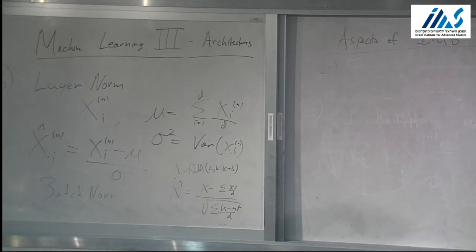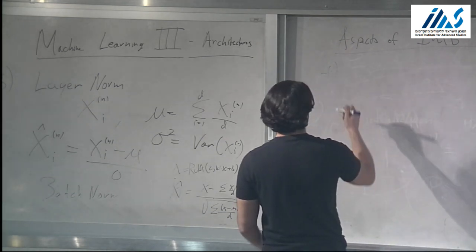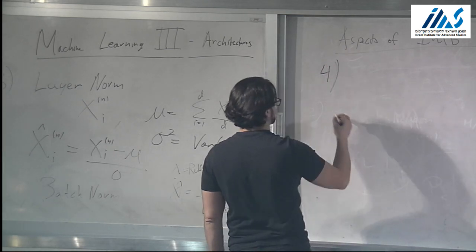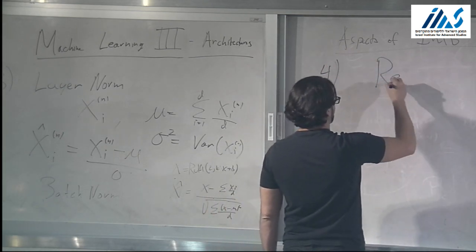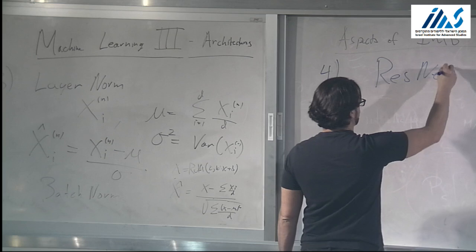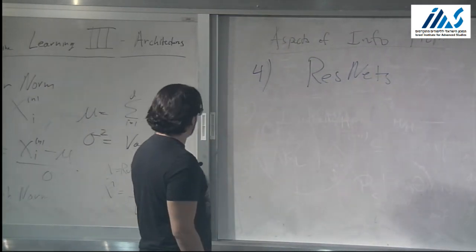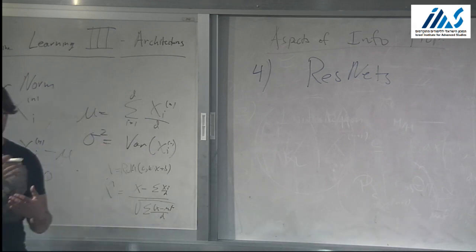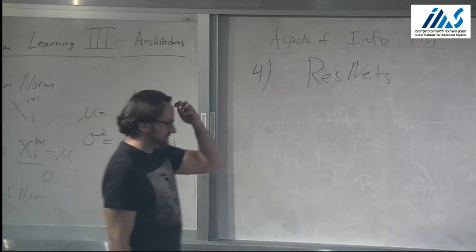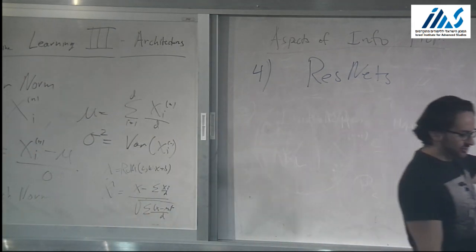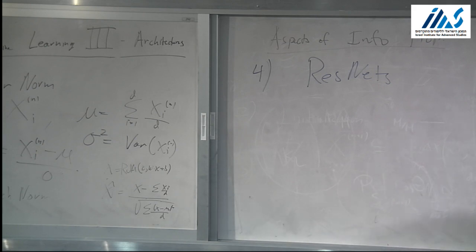Okay. And then there's, I guess, a fourth idea along these lines that's also very famous, which is called ResNets, or residual networks, which is the idea that, well, if I'm really composing linear algebra and ReLUs over and over and over again, maybe I destroy information.